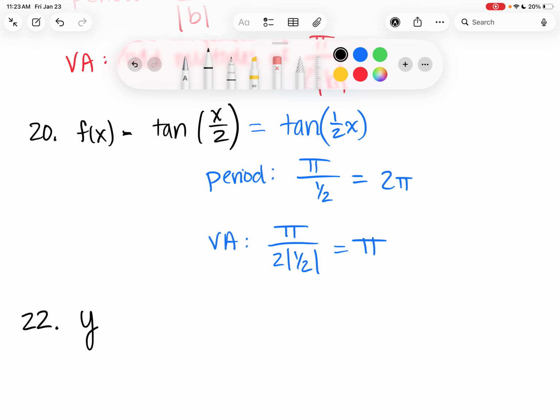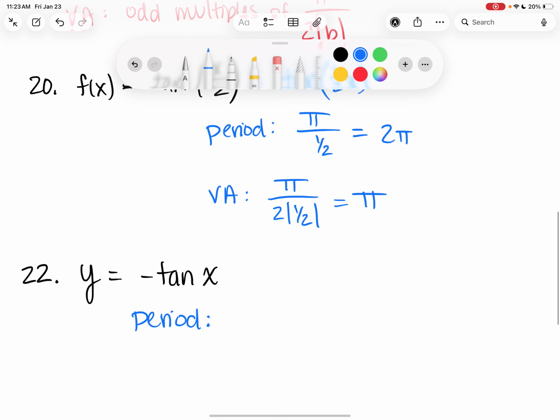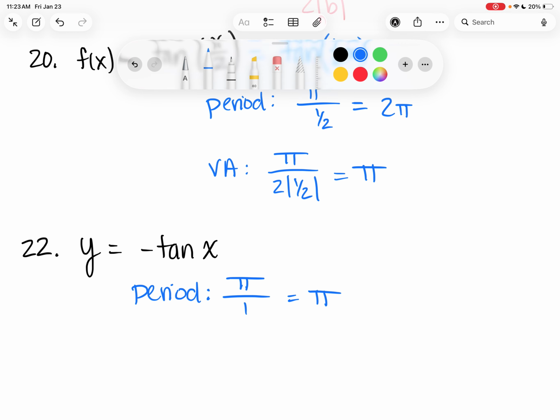22. y equals negative tangent of x. So the period is pi over b, or the absolute value of b, so that's just pi over 1, so that means it's pi. So what's the vertical asymptote? Pi over 2.